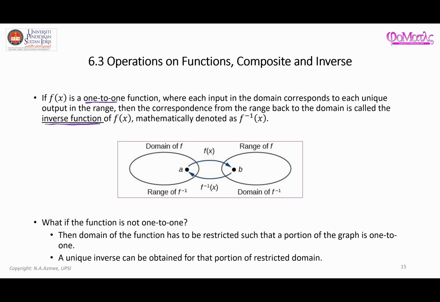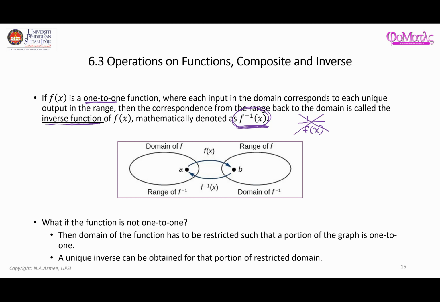So if you have a one-to-one function, then you will be able to find the inverse function. So this is the notation of inverse function. It doesn't mean 1 over f(x), it just means this is an inverse function of f(x). It's not this one.